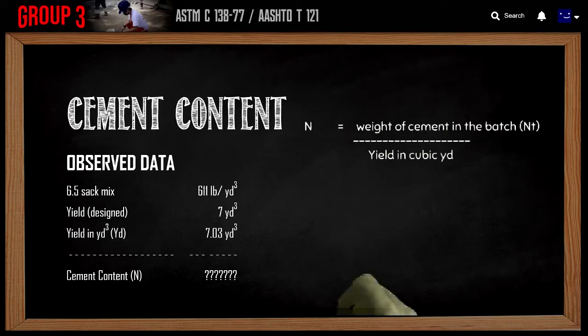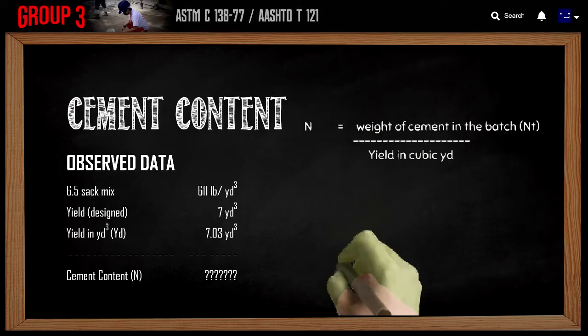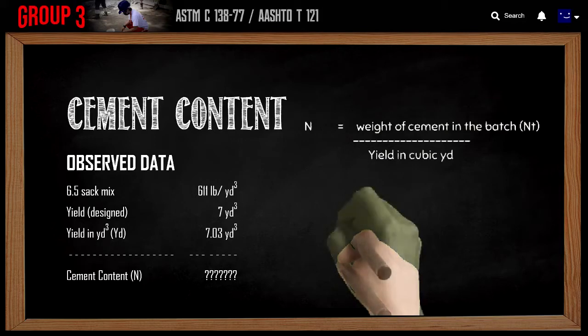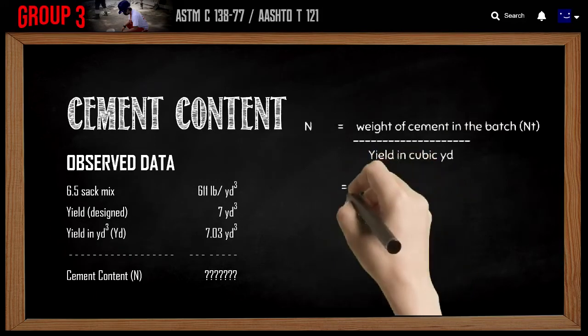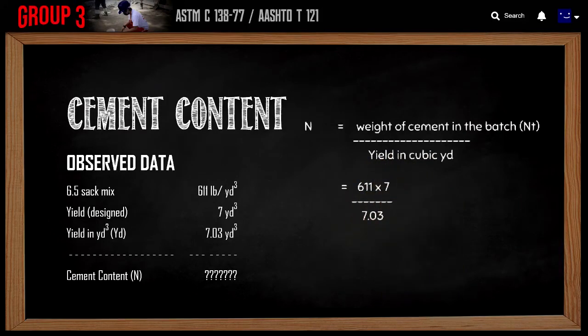Sticking with our case, we designed for 7 cubic yards and we yielded 7.03 cubic yards of concrete. On this data, we have a 6.5 sack mix, meaning that we wanted 611 pounds of cement in each cubic yard. And our N subscript T will come from the 611 pounds of cement we want in each cubic yard multiplied by the designed 7 cubic yards.